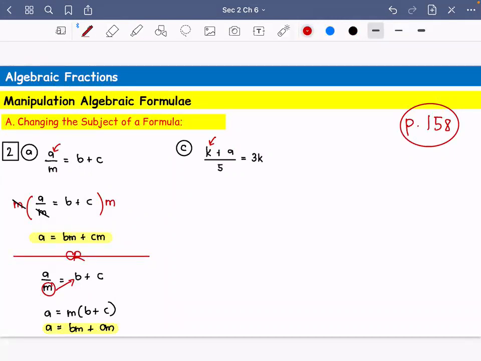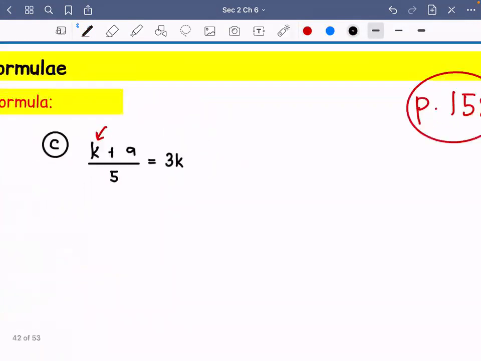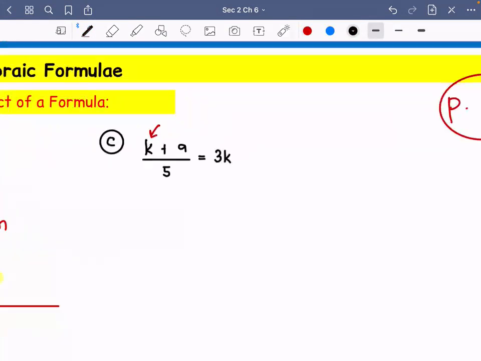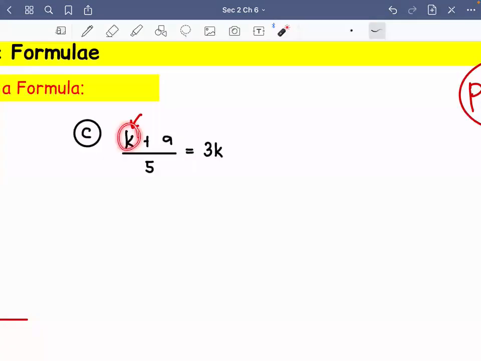Now let's have letter C. For letter C, we have K plus A over 5 equals 3K. So we need to make K the subject of this formula. I'll just use cross multiplication for this. I know that the denominator of 3K is 1, right? So I can apply cross multiplication here.